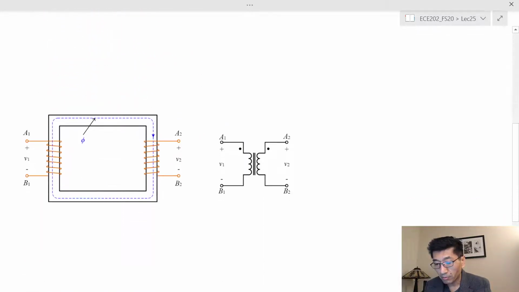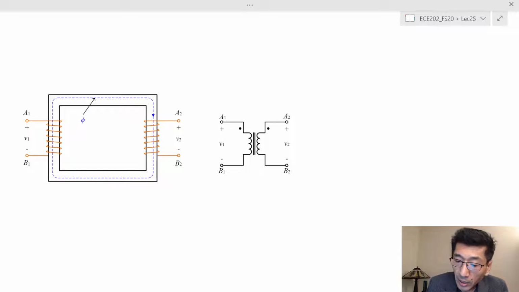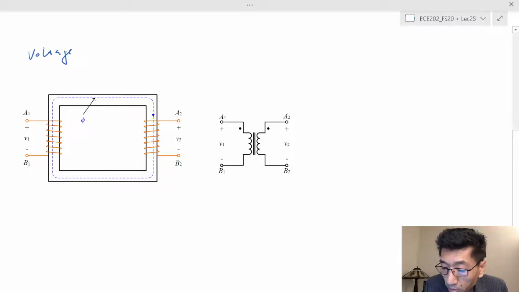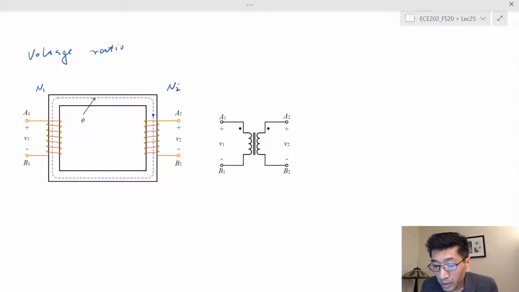Let's look at the voltage ratios and current ratios. Let's start with the voltage ratios. We always assume that on the primary side we have N1 turns, and on the other side we have N2 turns. I will assume all the drawings here are like that. Since we don't have any leakage, all the flux linking the first winding will be linking the second one.